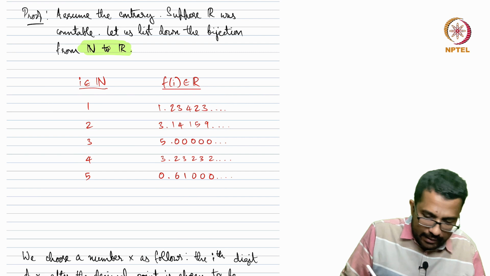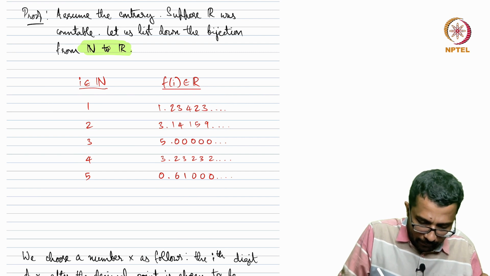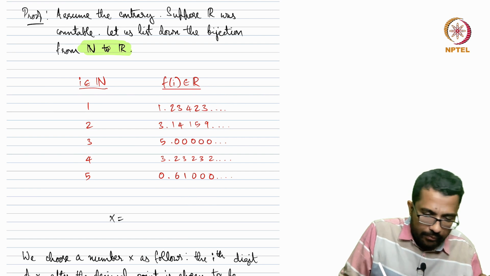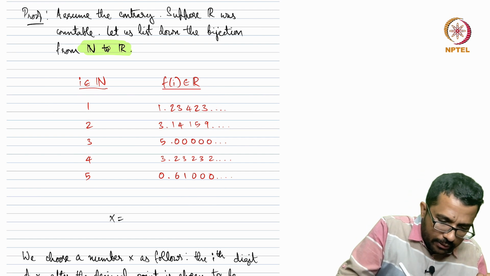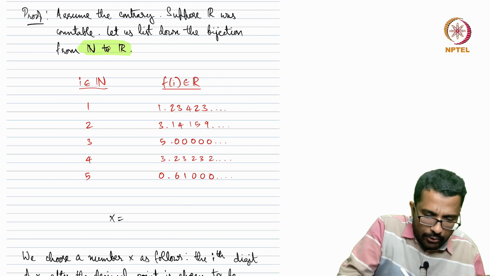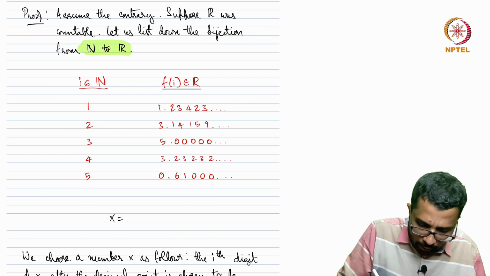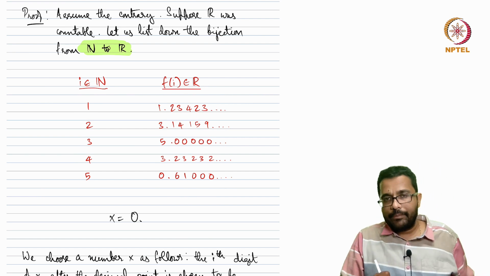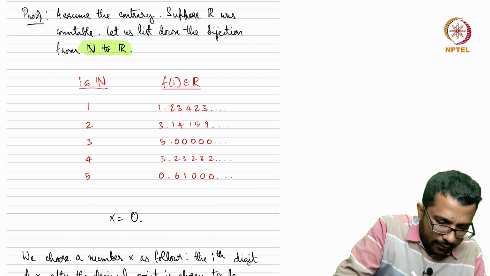So let us construct a number x. The speciality of the number x is this. The first part of x is going to be 0 point something, something between 0 and 1, and what I will do is this.